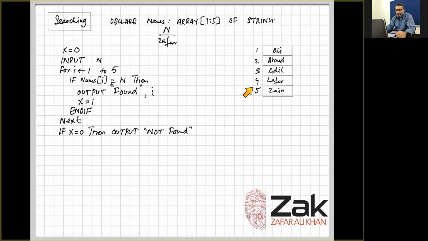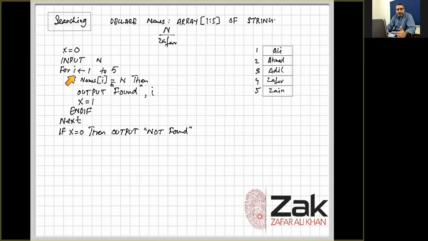Zafar is found at 4, but how do we make our algorithm? So for the flag, this time I have made x an integer instead of false. I initialize it at 0, and I have checked it towards the end. If it is still 0, then I put not found. But if it is made 1 during the execution of the program, then this message will not be output.